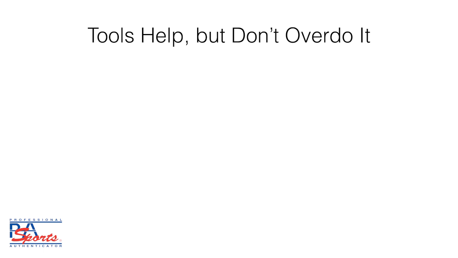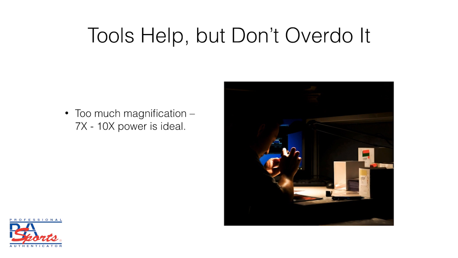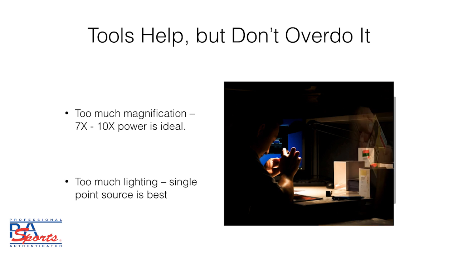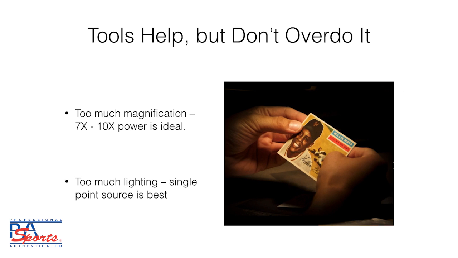Also remember that tools help, but don't overdo it. So what do we mean by that? Our graders here at PSA use from a 7-power to a 10-power loupe or magnifier when evaluating cards. In addition to that, they also use a 50-watt halogen bulb on their desk lamps, in addition to black lights in case they are looking for things like recoloring or other alterations that may be present on a card.